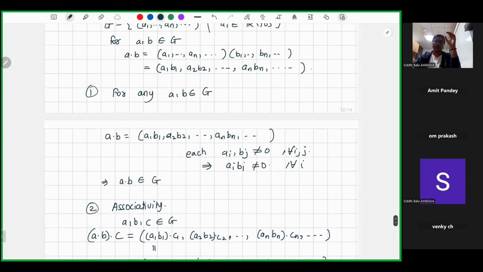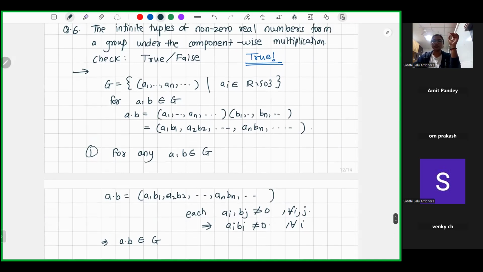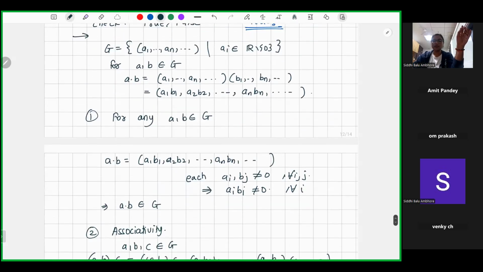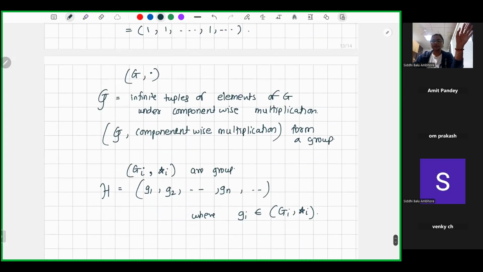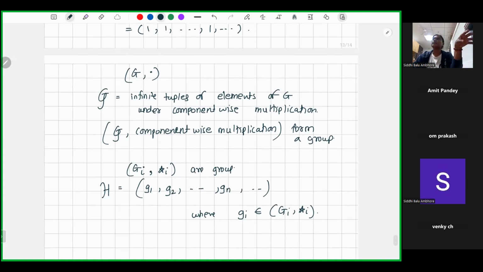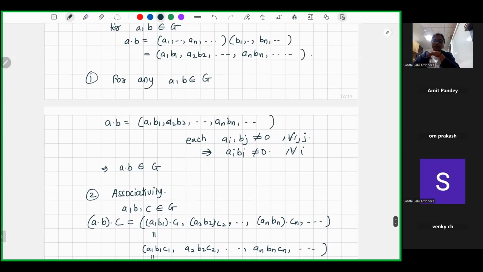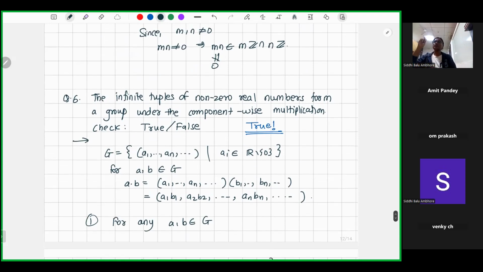So whatever question you are given in the tutorial, those are very specific examples or particular cases, and you can definitely try to generalize them and see whether this works for any. When I say this, I mean G needs to be a group, right?